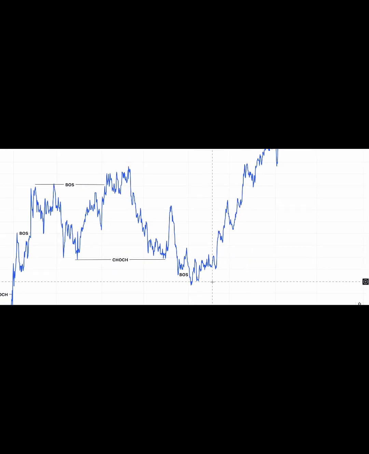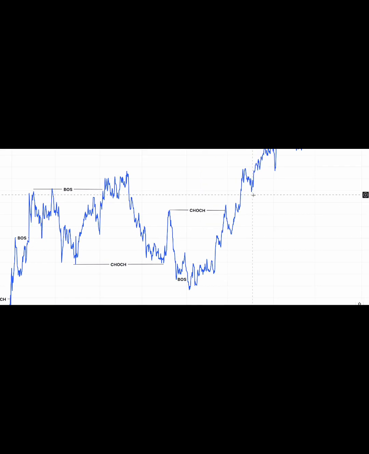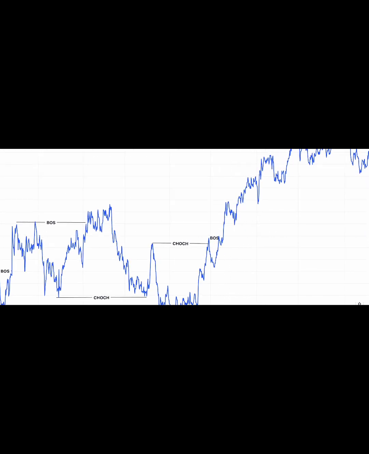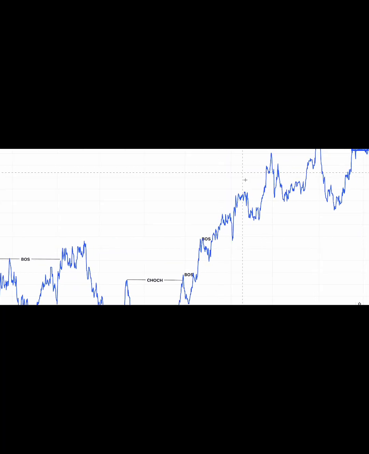Then finally the price continues to break the previous important swing high and is responded to by the CHOCH again. When you see the price form another new higher high with a break of structure, here looks like I have another break of structure again. Here we have another break of structure.